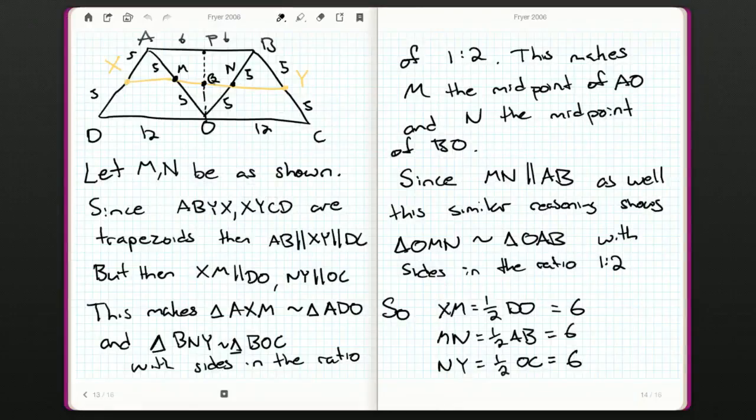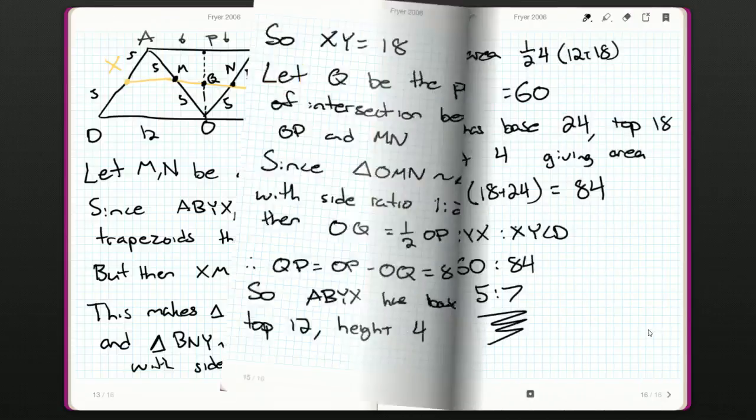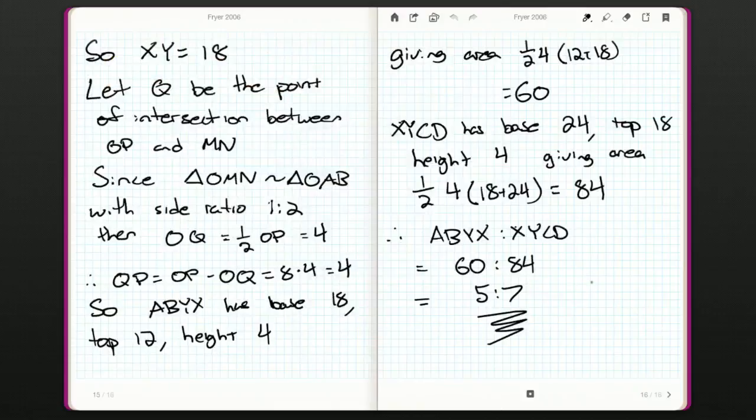And that really allows us to compute these lengths, XM, MN, PQ, QO, and NY. And that gave us enough information to compute bases and heights and tops for these two trapezoids, which allowed us to then give the ratio of their areas. So that's a nice little question.